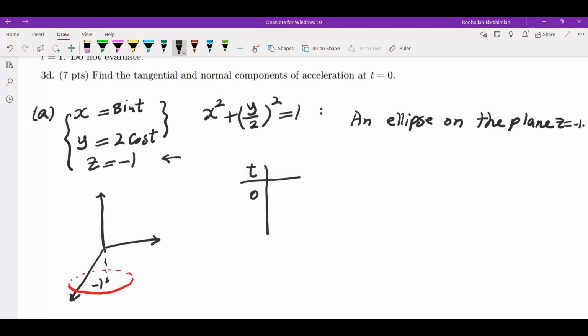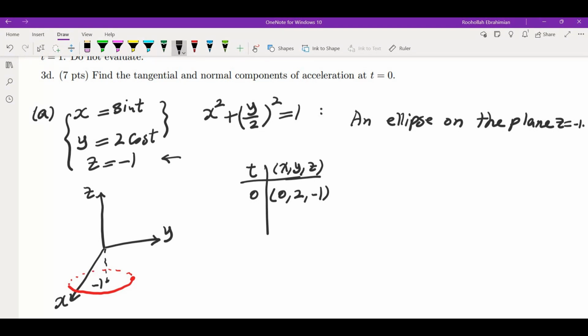So if you plug in t equals 0, x, y, and z are going to be 0, 2, -1. So 0, 2, -1 is right here. Let me label the axes. So this is the x, y, and z axis. So it is right here.